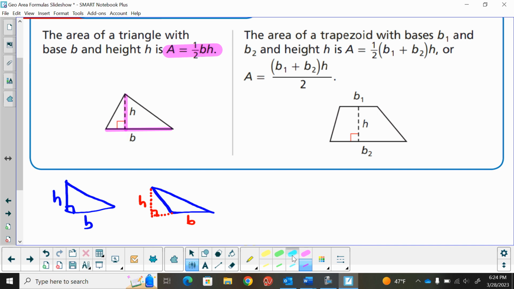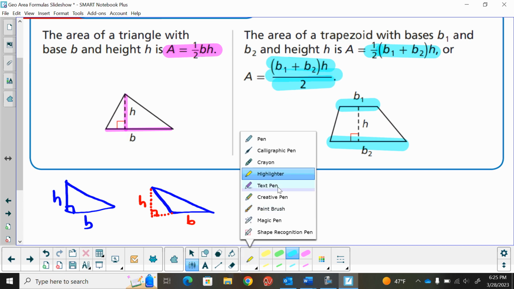Okay. Moving on to trapezoid. So the formula, since we've got 2 bases in a trapezoid, you add those bases together, multiply by the height, and then times 1/2. So kind of similar to a triangle. Or another way to think of that is you could just do base 1 plus base 2 times height divided by 2.